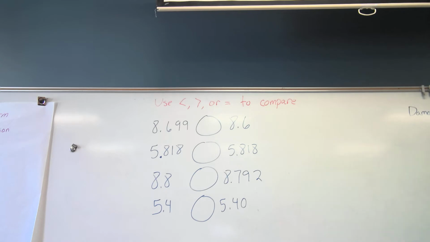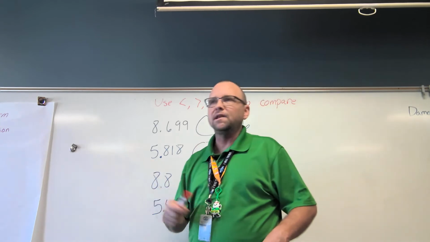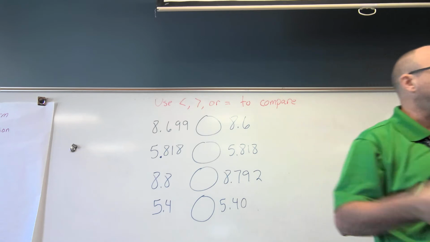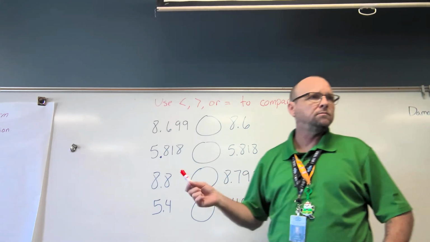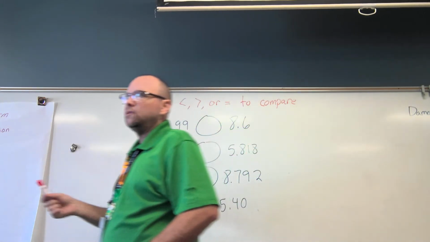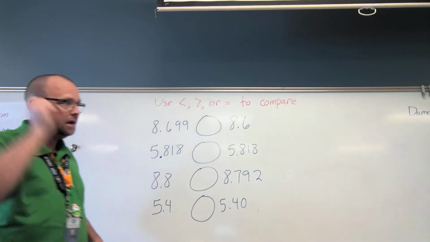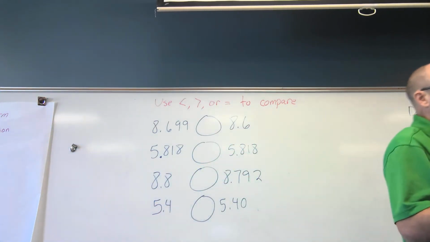When we are comparing numbers, if you know your numbers from 0 to 9, and you know what order you count the numbers in and what is bigger than other numbers, you should never miss this type of problem. If you miss it, that just tells me that you didn't take the time, because everybody who knows their numbers can get these done correctly.